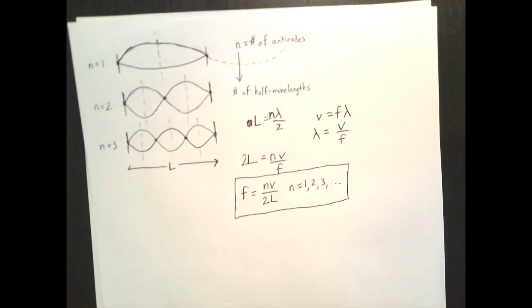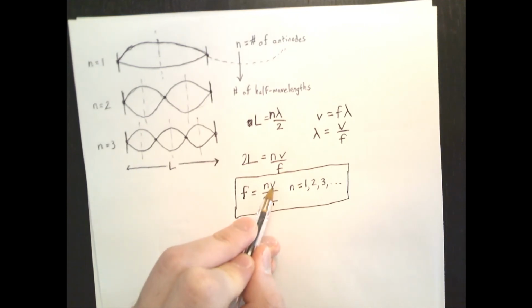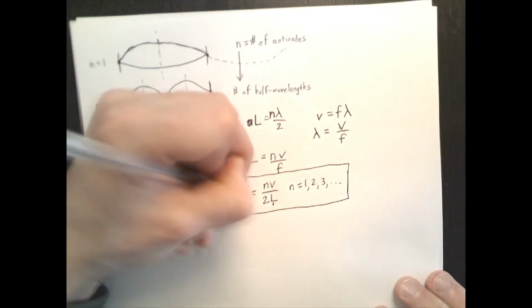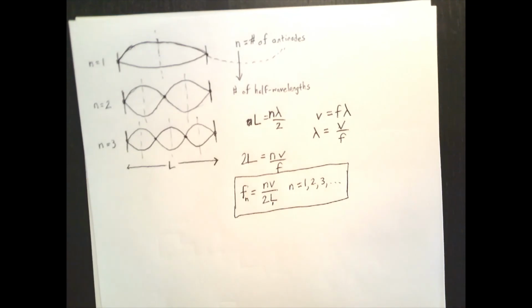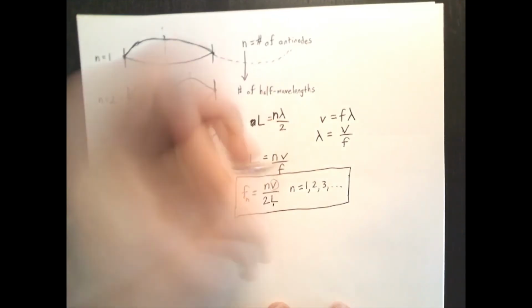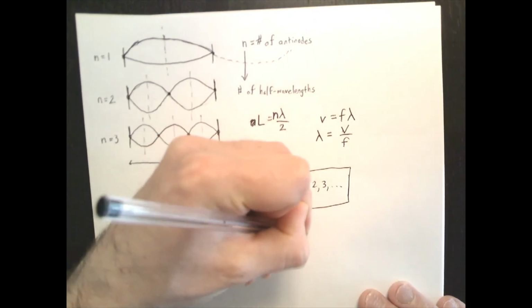So now, for a given length of string and for a speed of a wave across that string, we can figure out what frequencies can be made on that string. So this v here is the speed that the wave moves across the string.